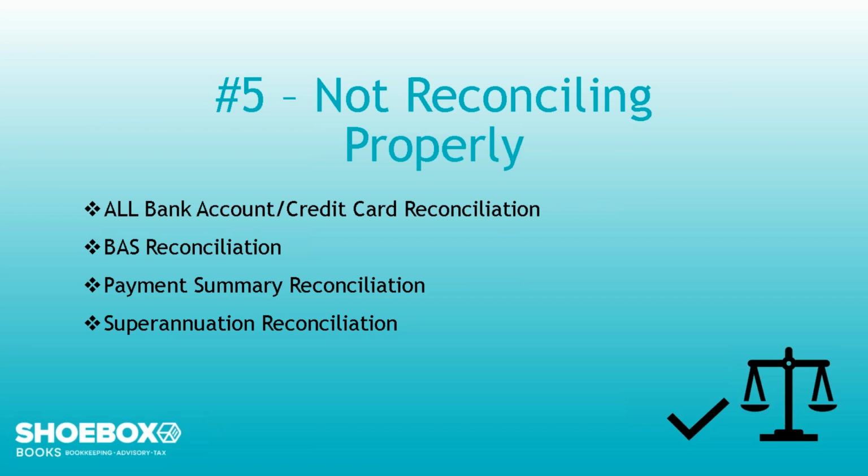BAS reconciliation. Many people do not reconcile their BAS. If you have a tax accountant or a bookkeeper that does not reconcile your BAS, get a new one. I covered this in what your profit and loss is trying to tell you. What you've declared to the ATO as your sales figures must be what's on your tax return.